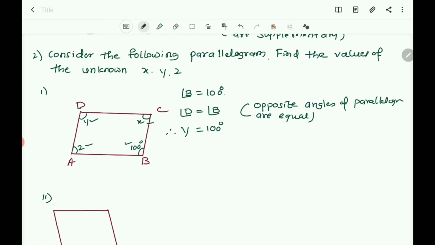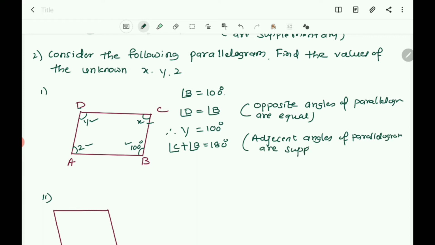Now, you take here angle C plus angle B is equals to 180 degree, because adjacent angles of parallelogram are supplementary. So here angle B is how much?